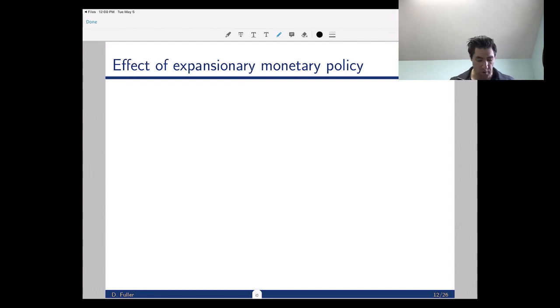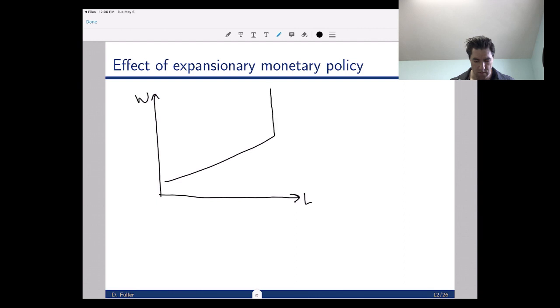So when I think about the labor market then, if I just kind of draw this out, the quantity of labor here and the wage rate, we have labor supply. I'm going to draw us down here in, let's say, a recession.